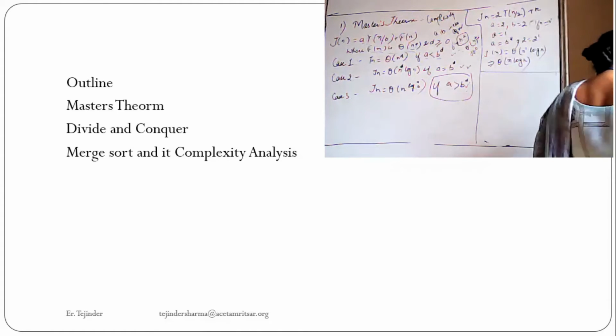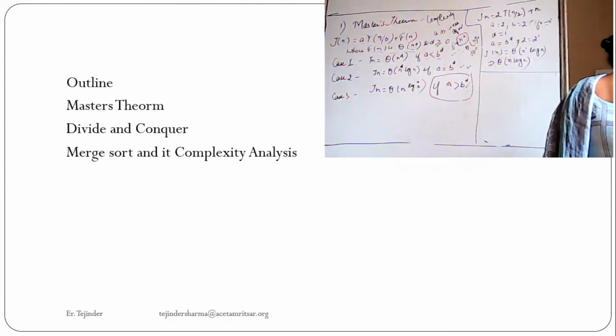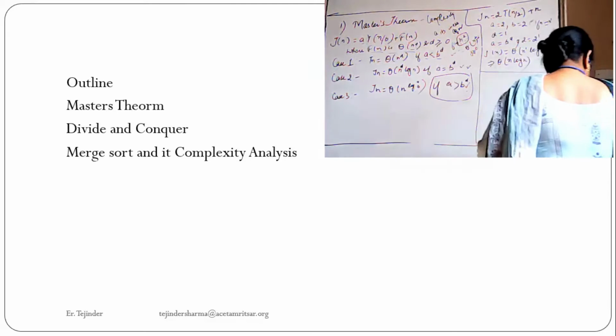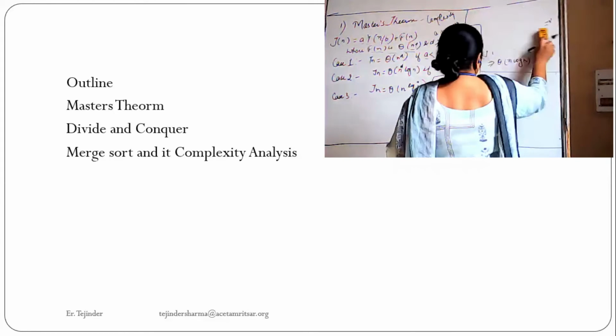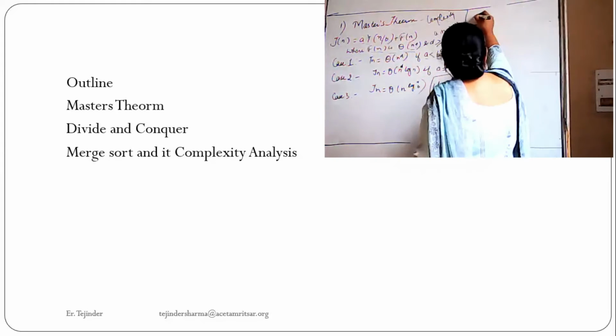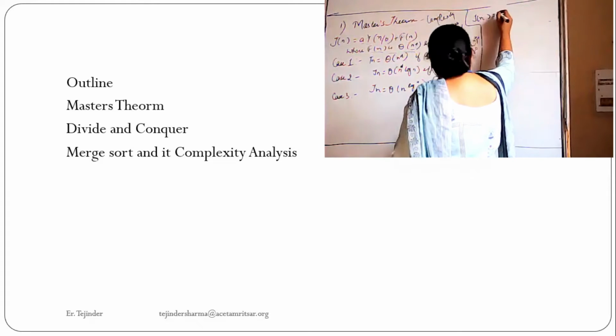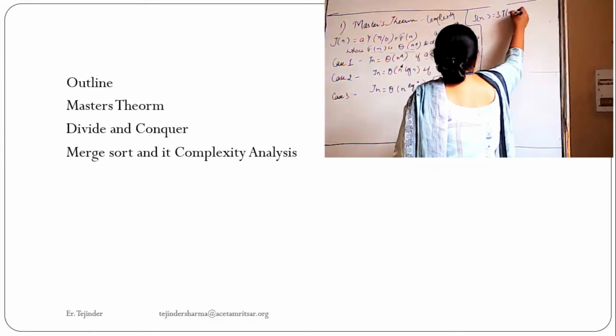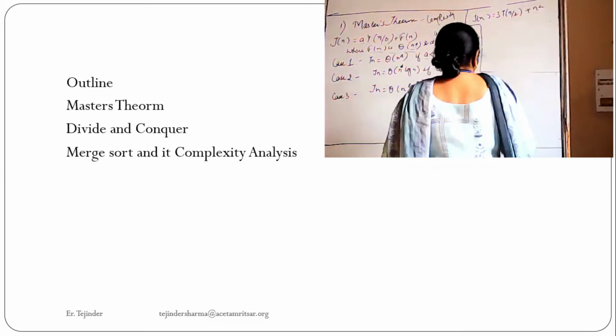Now let's assume that the equation which is given to us is T(n) = 3T(n/2) + n square.